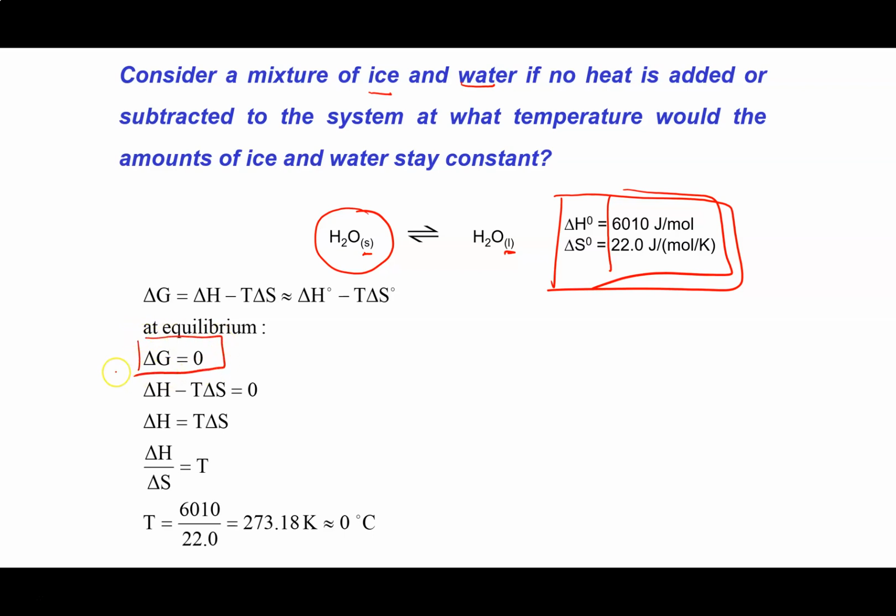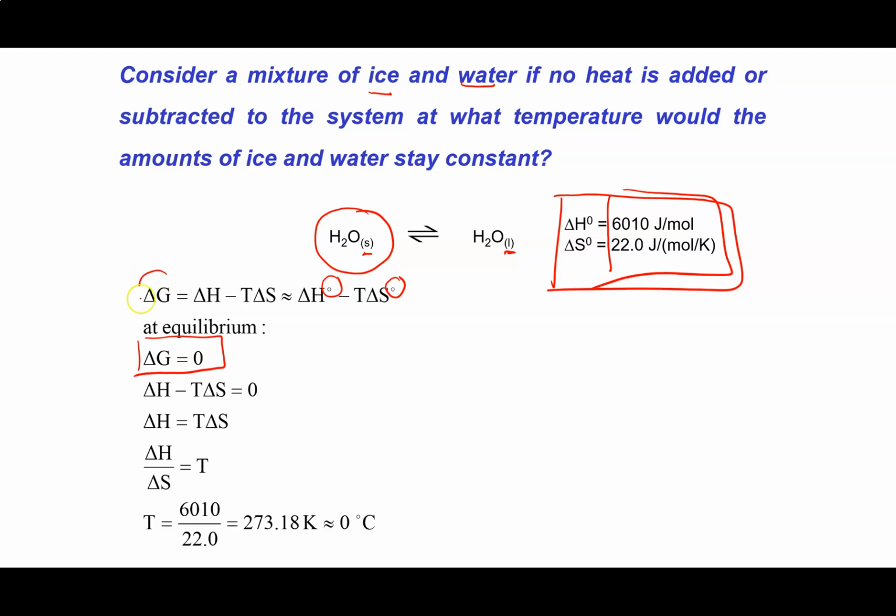What we're really asking is when is delta G equal to 0. We know that delta G is equal to delta H minus T delta S. Even though we're probably not going to be at 298 K, we're going to say that we can use the standard values from the tables as a good approximation of what the enthalpy and entropy are at this temperature of interest.